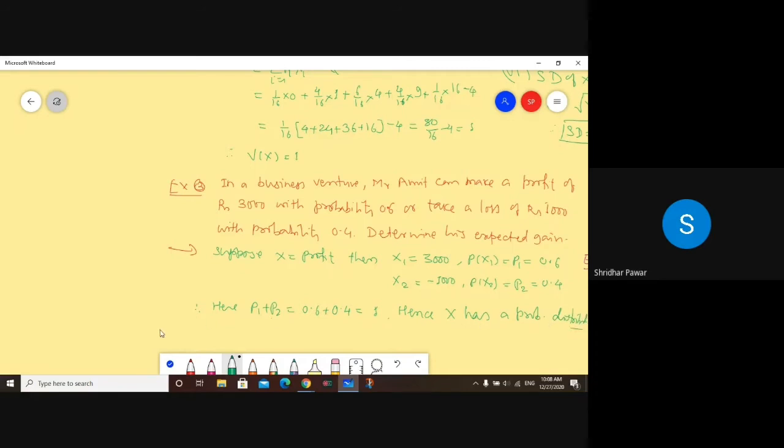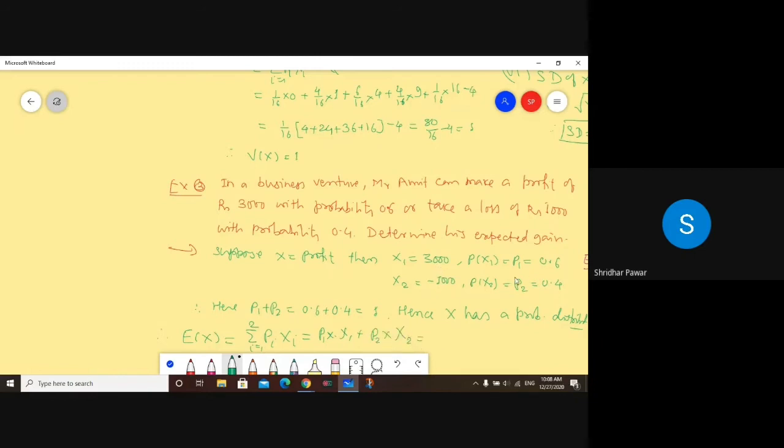Okay, therefore E of X is equal to sigma pi xi, i is equal to 1 to 2. दोनच काढले होते x च्या. So P1 into x1 plus P2 into x2.